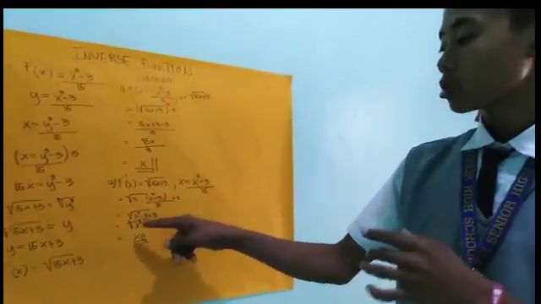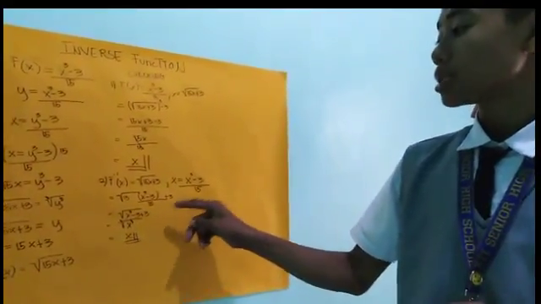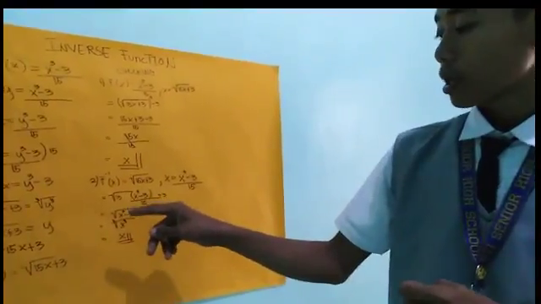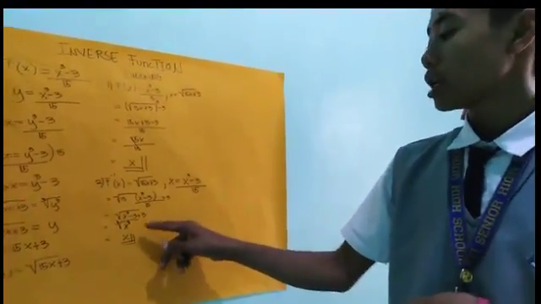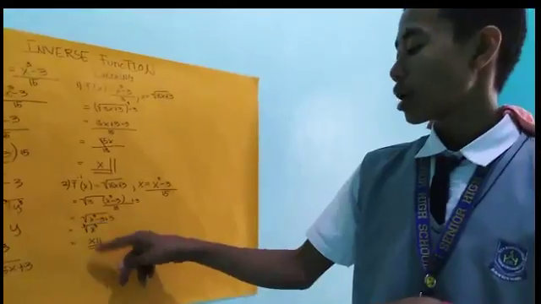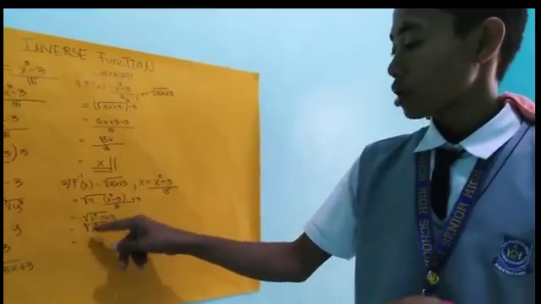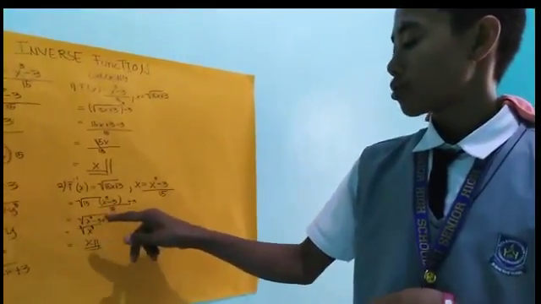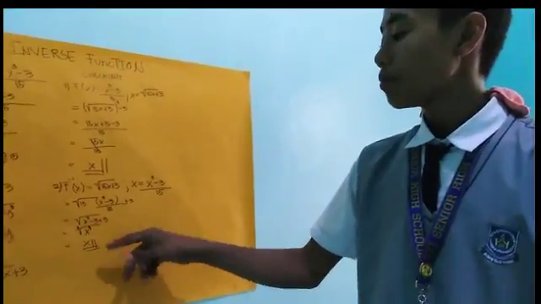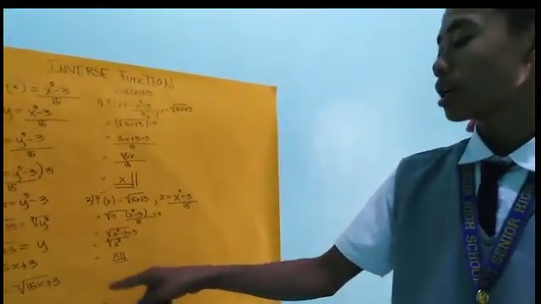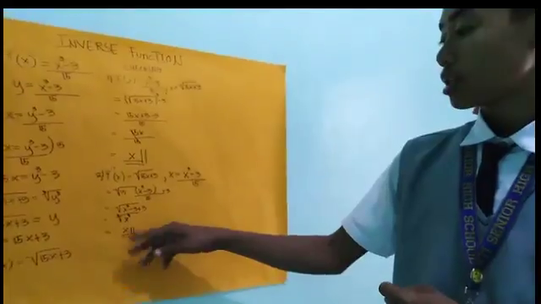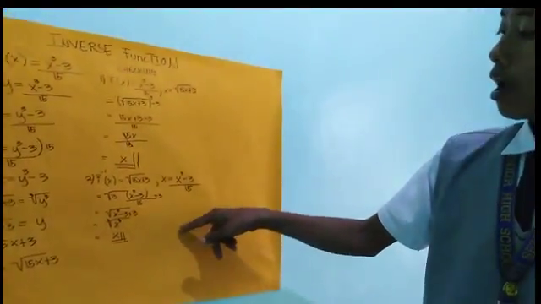The cube root of x to the power of 3 minus 3 plus 3, the 3 cancels out, and the answer is x. So this is an inverse.